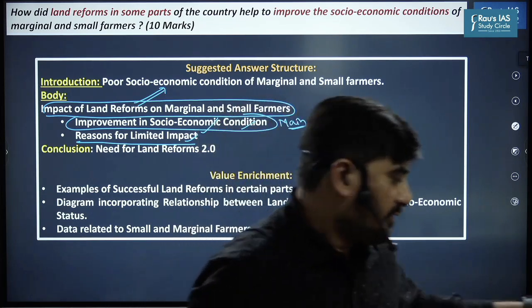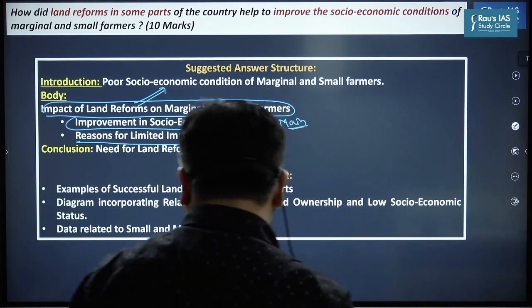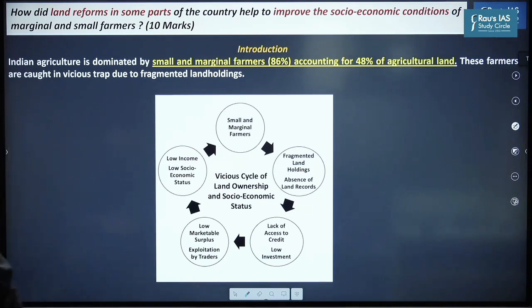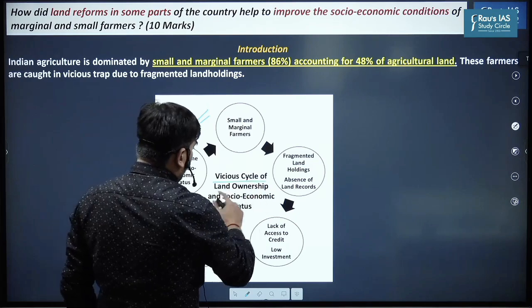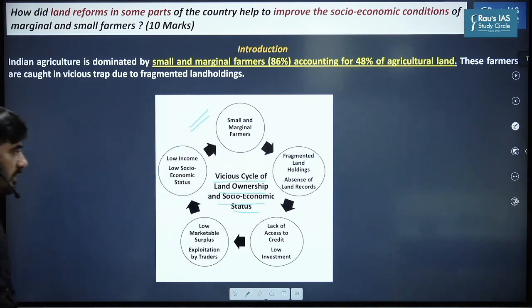Okay. So here, if you see the answer, can you see the introduction, all of you? The introduction says, Indian agriculture is dominated by small and marginal farmers, accounting for 48% of the agricultural land. These farmers are caught in a vicious trap due to fragmented land holdings. So this is a diagram: vicious cycle of land ownership and socio-economic status.